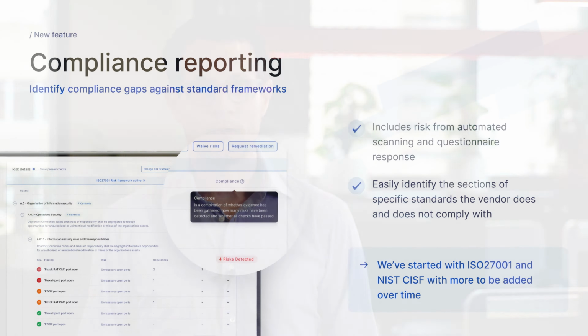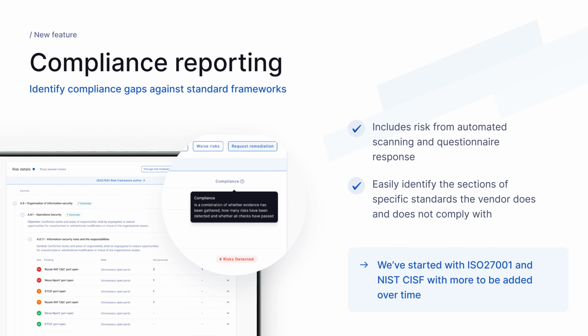To address this, we've added compliance reporting to show how your vendors measure up against these standards. It includes not just risks identified through questionnaire responses, but also those identified through our automated scanning. It allows you to easily identify the sections of these standards the vendor does and does not comply with.